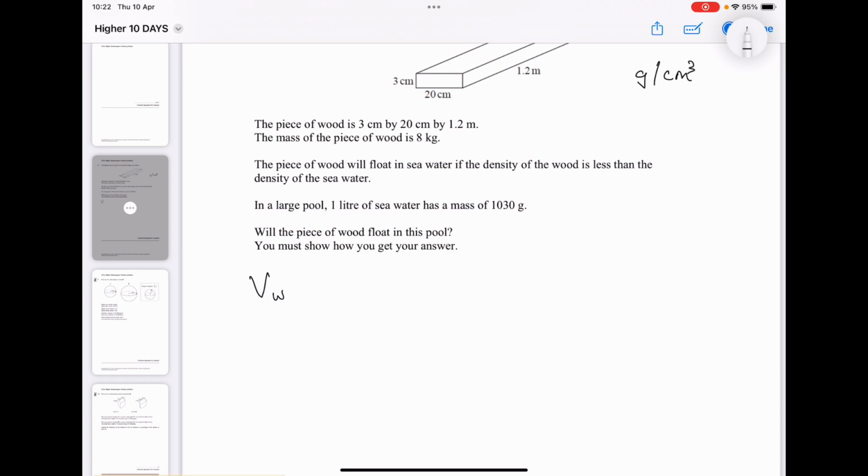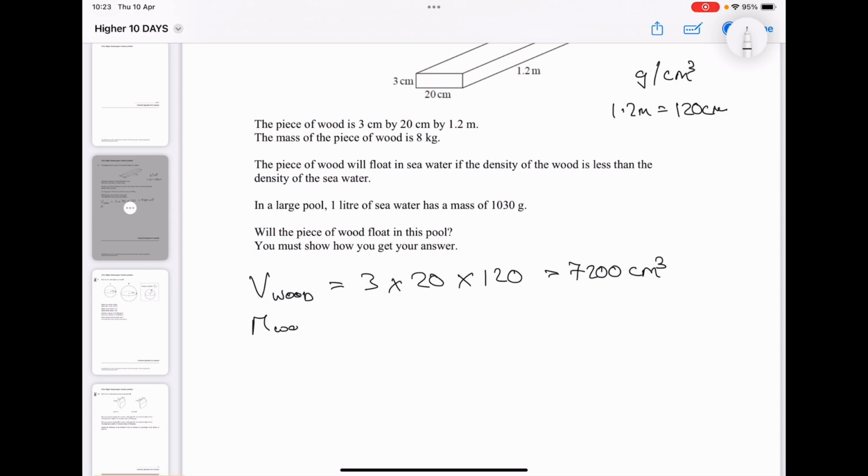Volume of the wood is 3 by 20 by 1.2 metres equals 120 centimetres. It's got 3 times 20 times by 120 equals 7,200 centimetres cubed. Okay.